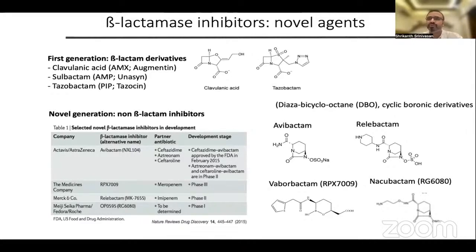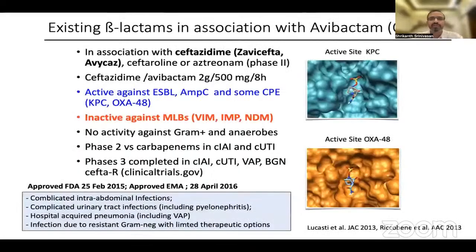So these are the 4 new BLIs which are in the pipeline, and a few combinations are already in the picture. For example, ceftazidime-avibactam, aztreonam-avibactam, ceftaroline-avibactam, meropenem-vaborbactam, imipenem-relebactam. These are the combinations which are available in the market now and are undergoing phase 2, phase 3 trials.